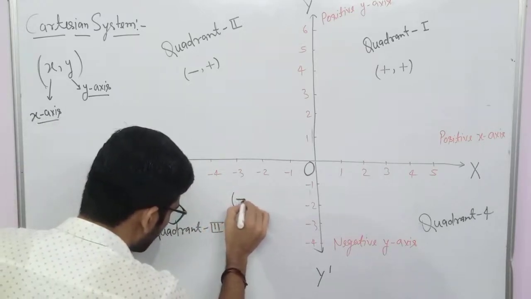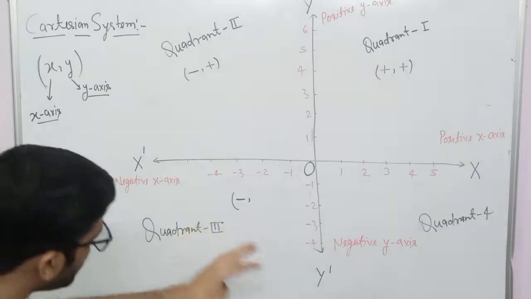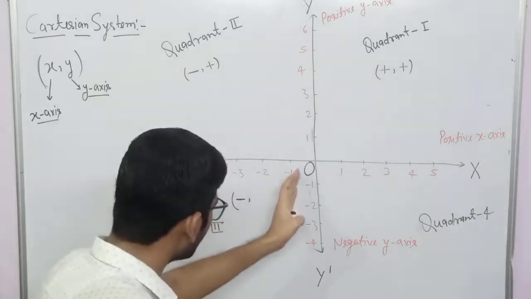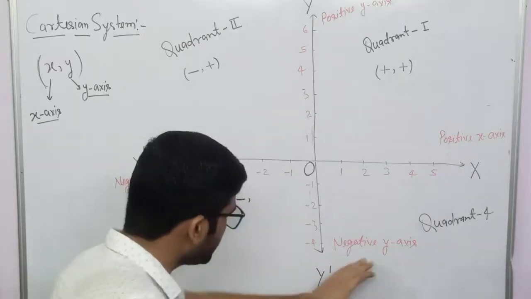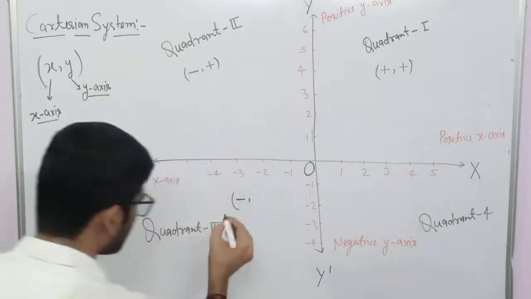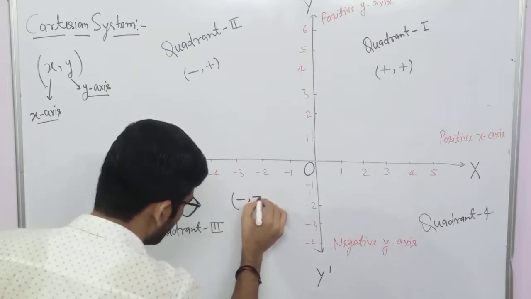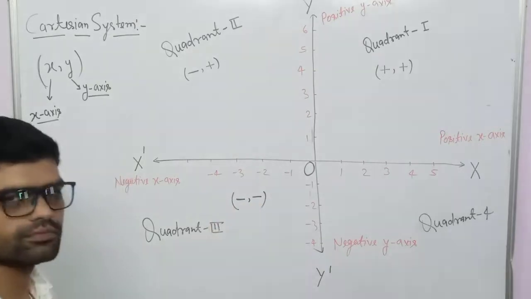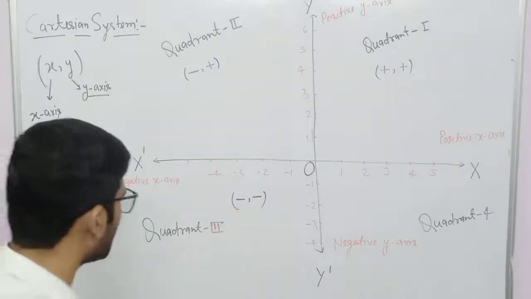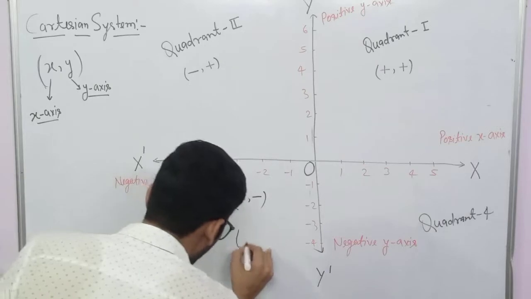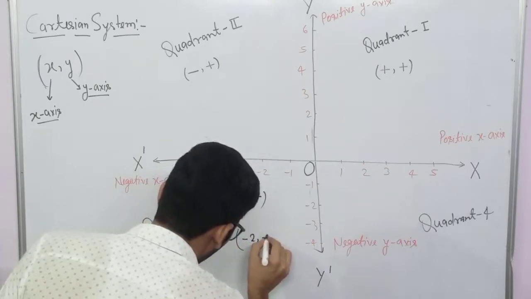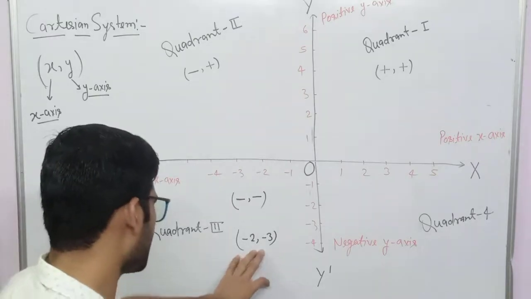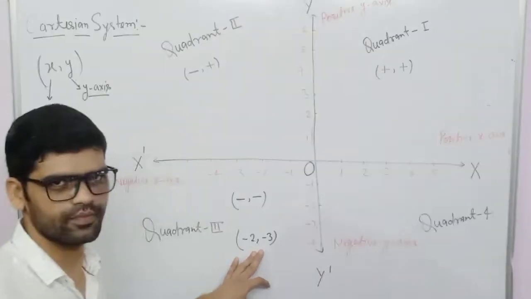And on the y-axis, not above, you go under, so this is the negative y-axis, so y is also negative, so the sign of the third quadrant is negative negative. You can express it this way. If you have a point like -2, -4, you can say this point lies in the third quadrant.